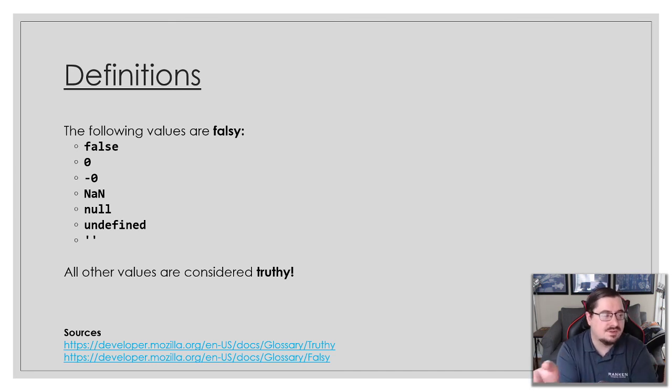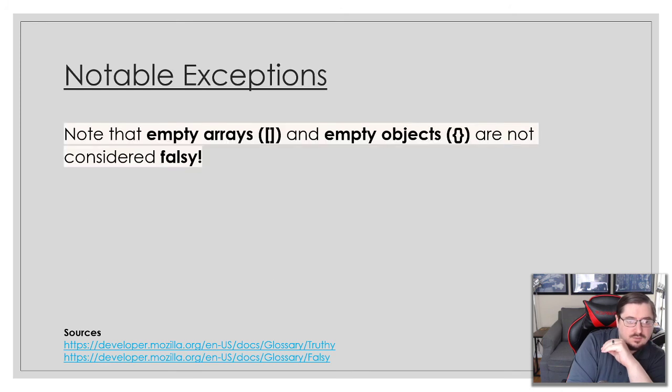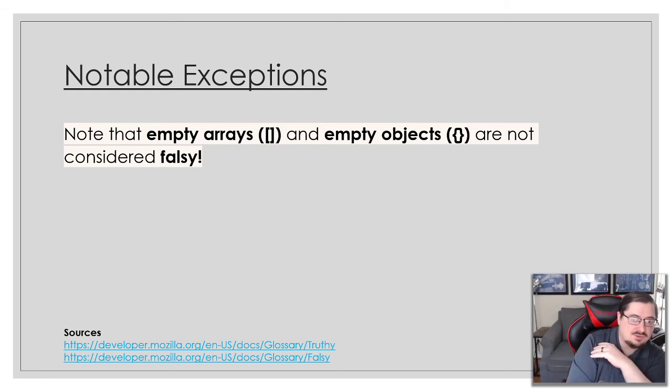If it's anything else other than those 7 things, your value will be treated as truthy, equivalent to true. So notice that empty arrays and empty objects are not in that list. They're not considered falsy. If you have an empty array or an empty object, those are still truthy, which can mean that you have to deal with some special cases in your JavaScript code.